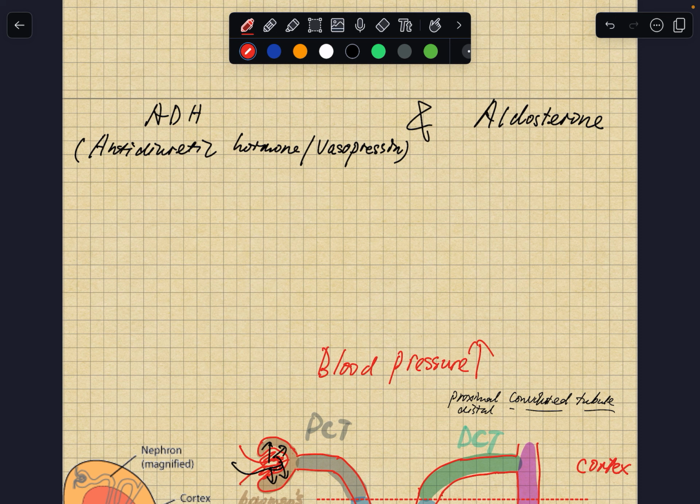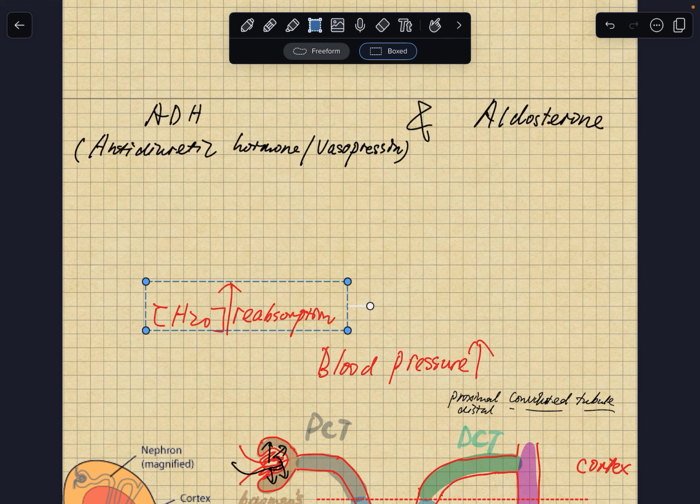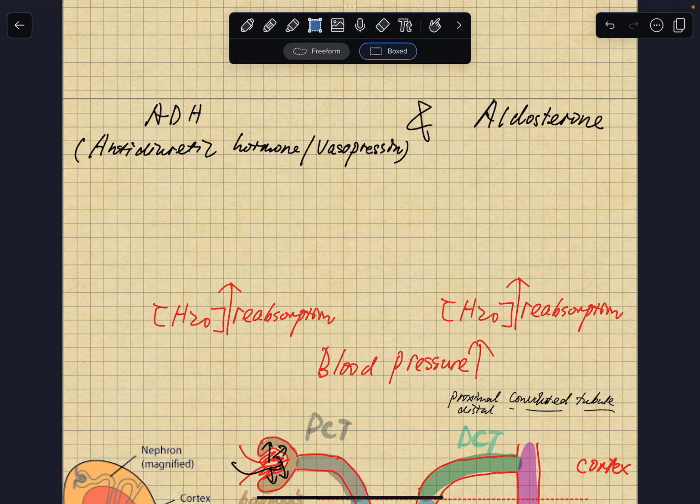Or your blood pressure is super low for some reason, okay? All right, so they both increase the water reabsorption, okay? But the difference between the two hormones' effects is they increase water reabsorption through different ways, okay?